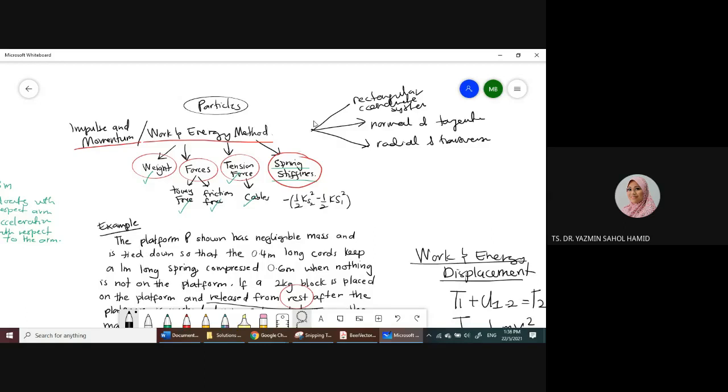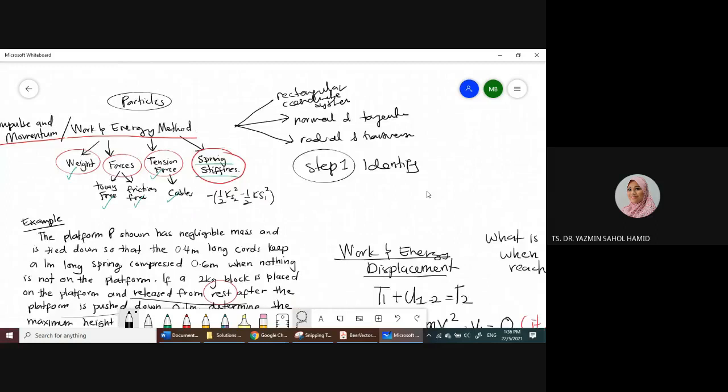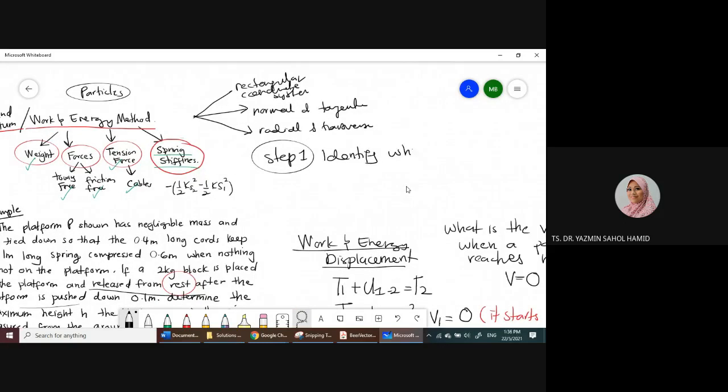So when you get a question, our step one, you must identify which is the correct coordinate system. Maksudnya, this is the step when you want to solve questions related to dynamics: you must identify the correct coordinate system.